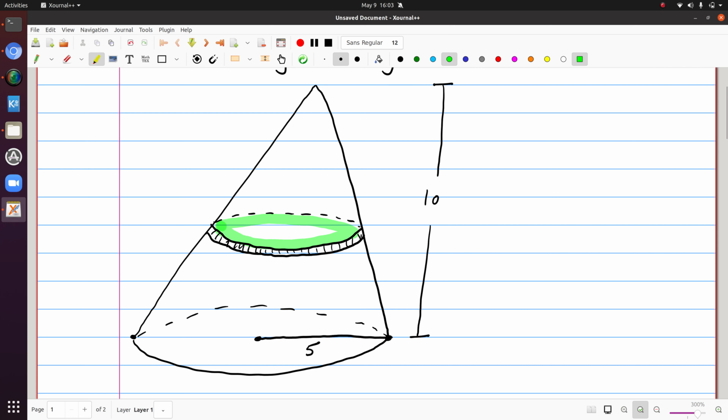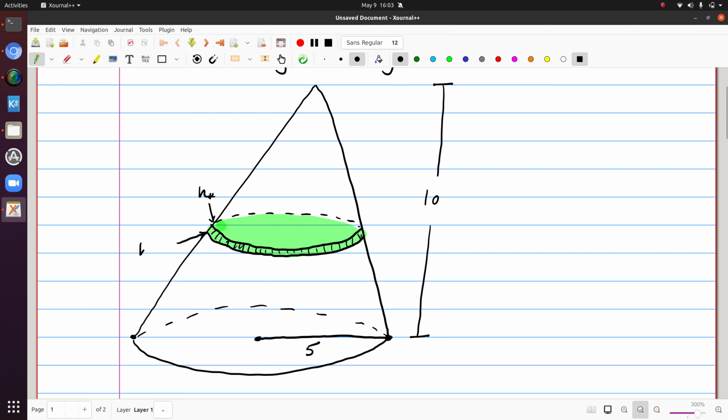And just like we saw with the hemisphere, we're going to find that we can approximate this almost cylinder with a cylinder. It's an almost cylinder because the circle on the top of this green shape is smaller than the circle on the bottom. This height from the base would be h_k.